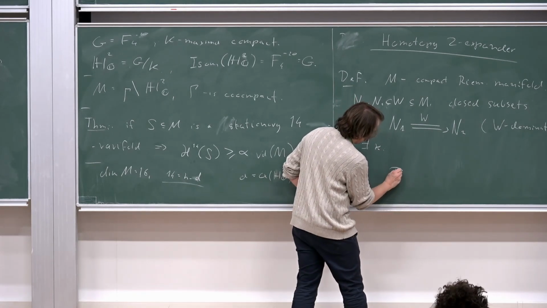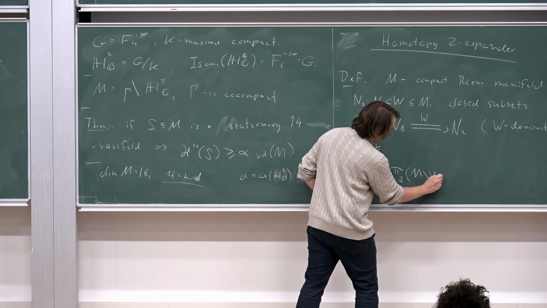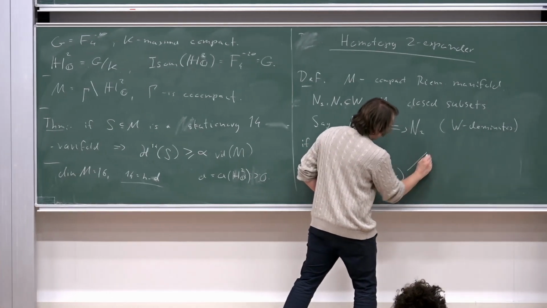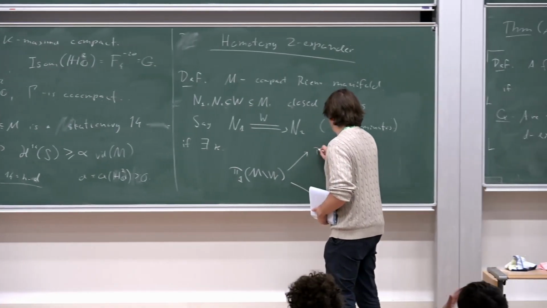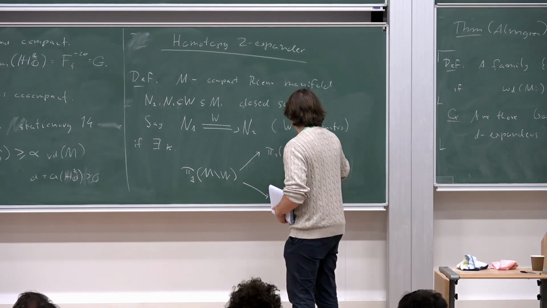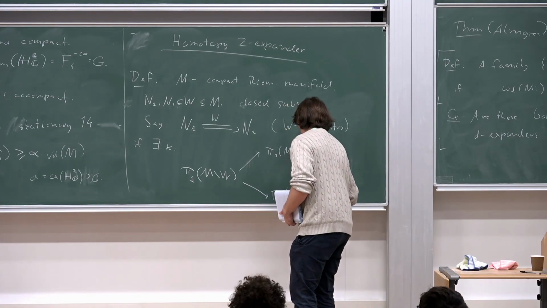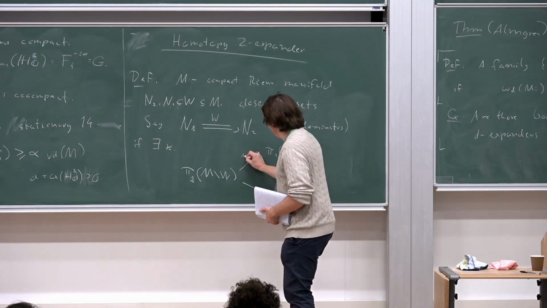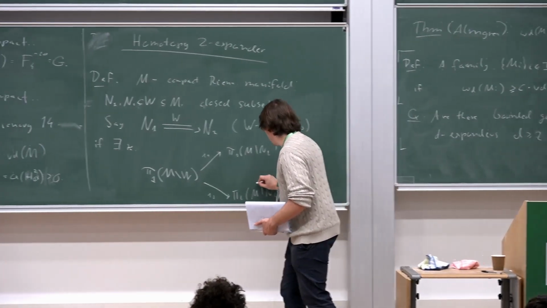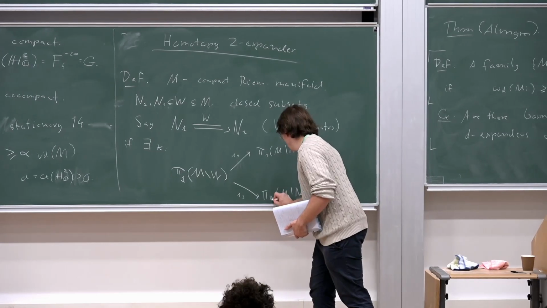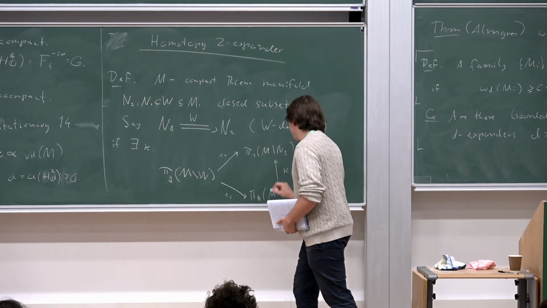So we'll see here pi1 of M without W. This can be mapped into pi1 of M without N1 and pi1 of M without N2. Let's call those maps iota 1, iota 2. And I require this map kappa to be a map from pi1 of M without N1 to pi1 of M without N2, which makes this commute.